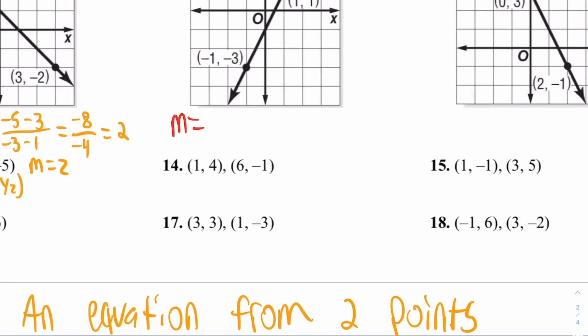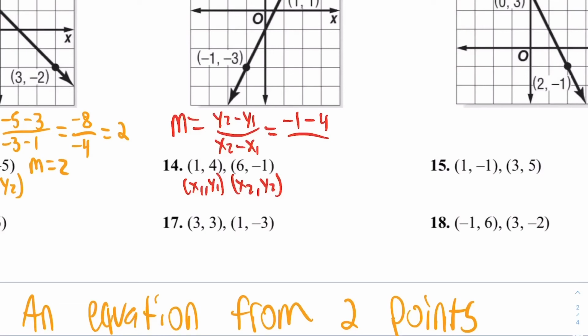M is equal to y2 minus y1 over x2 minus x1. Let's label the points we're going to pick for y2, x2, x1 and y1. And then we just put them up here. -1 is my y2, 4 is my y1, 6 is my x2, and 1 is my x1.